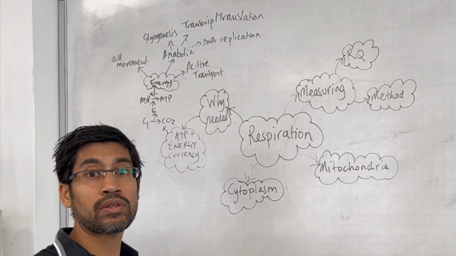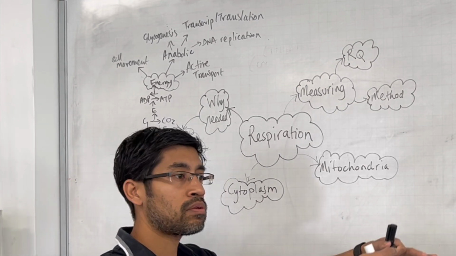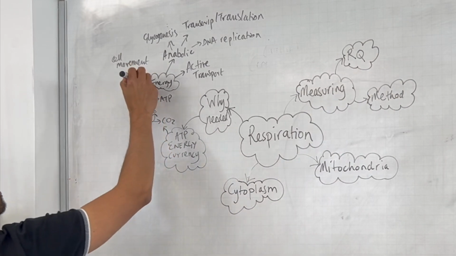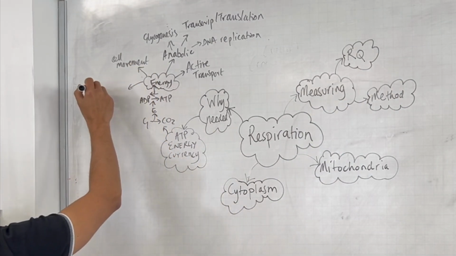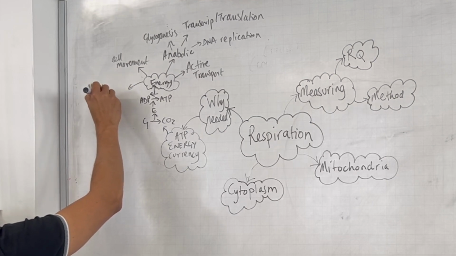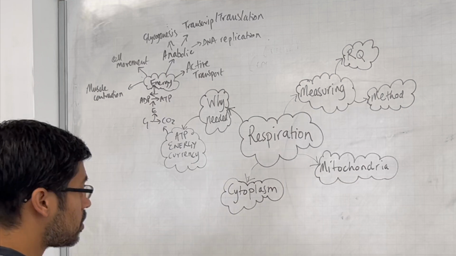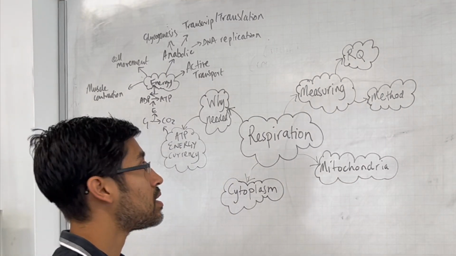For example, phagocytosis takes energy to extend that membrane around pathogens, etc. Even muscle contraction. Muscle contraction requires ATP as well.